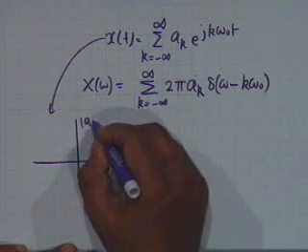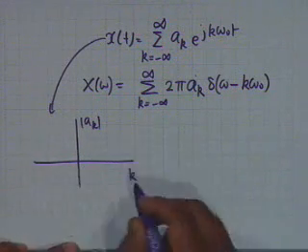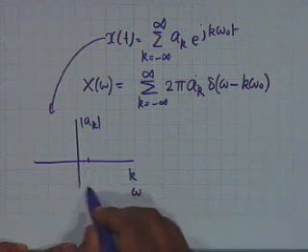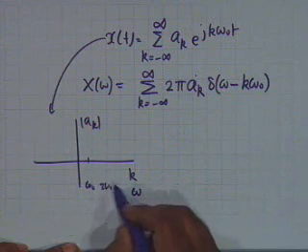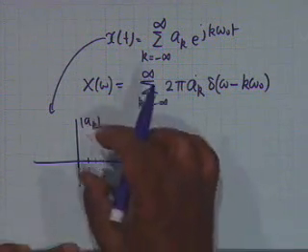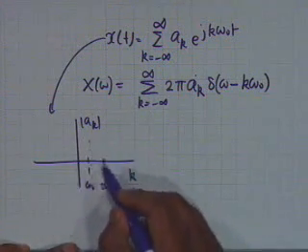You plot a_k versus k or versus omega. Then you shall have values at omega 0, 2 omega 0, k is 1, 2 and so on. It would be a line spectrum, that is, you shall have lines at k equal to 0, k equal to 1, k equal to 2 and so on.